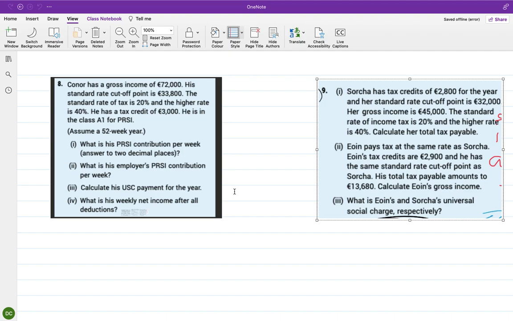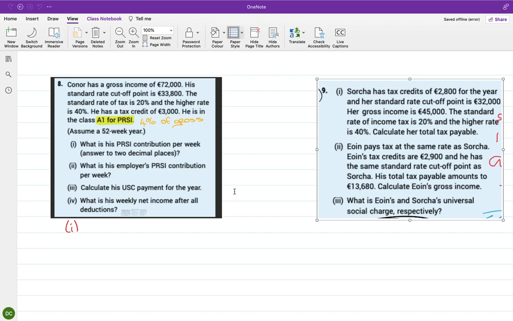So it doesn't say it there, but it must have said it somewhere on the page, because you're not expected to know this, but class A1 PRSI is 4% of gross. So you're not expected to know that. It should be somewhere on the page where this question was. So what is his PRSI contribution per week?